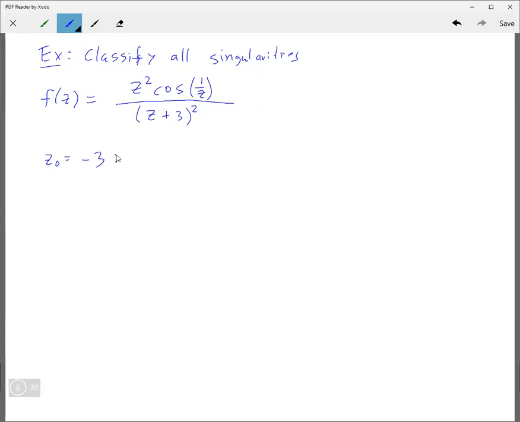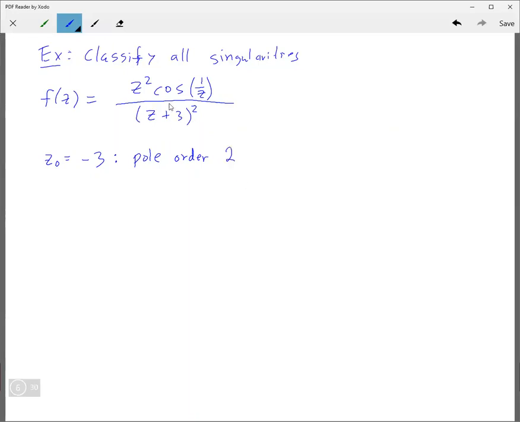Now the question is, is it removable, or is it a pole, or is it essential? A pole? Yes, it's a pole. And what's the order of the pole? 2. Yes, it's a pole of order 2.